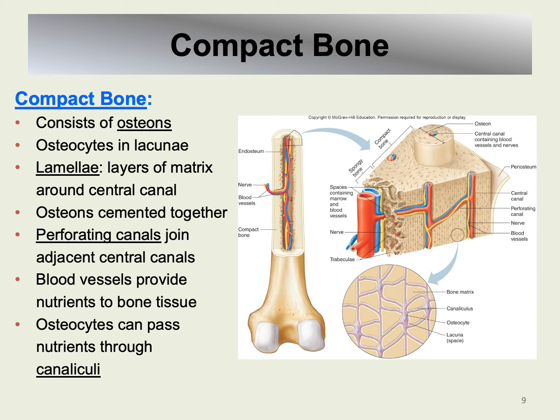However, you will see there is a different type of lamellae which covers the entire compact bone. We will call it circumferential lamellae because it's a circle around the entire compact bone. And that is the structure of the compact bone.